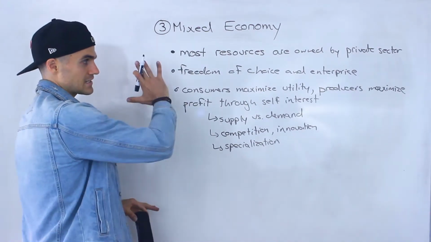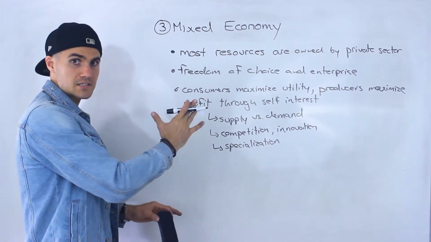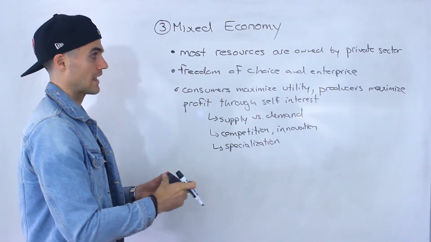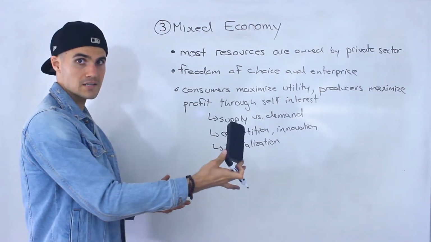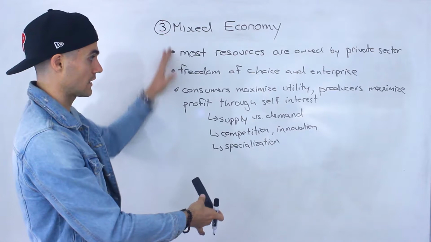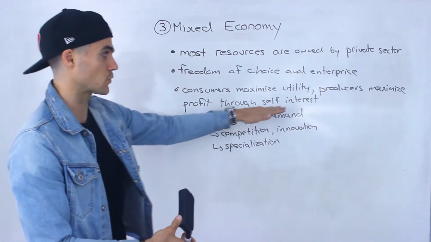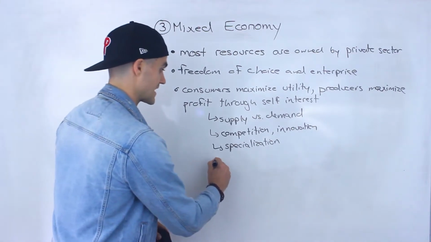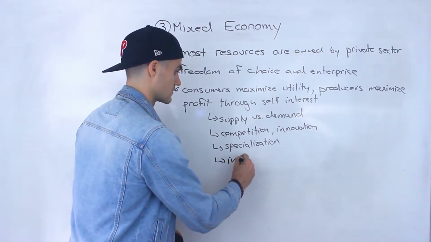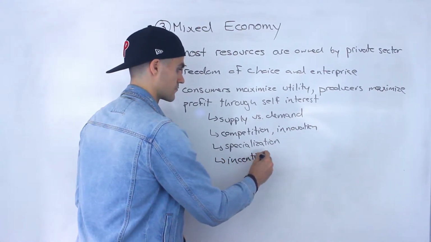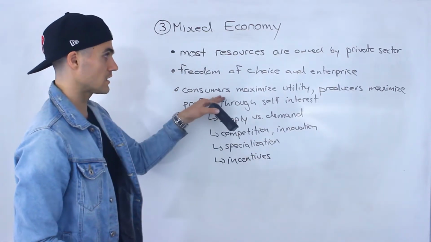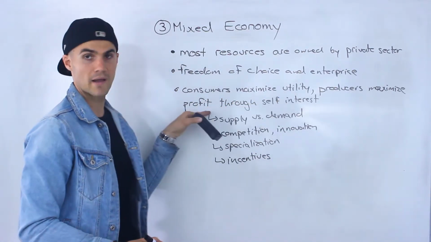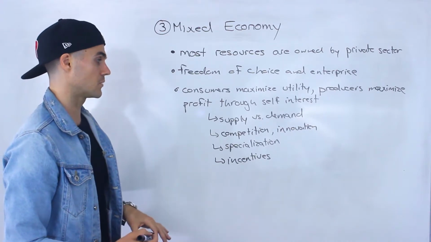Okay, so just basically a lot of the same characteristics from a free market. And notice that those drawbacks of a command system are not in this market because everyone's working through their self-interest. So there's more incentives because everyone's free to maximize their utility or maximize their profit if they're a producer.